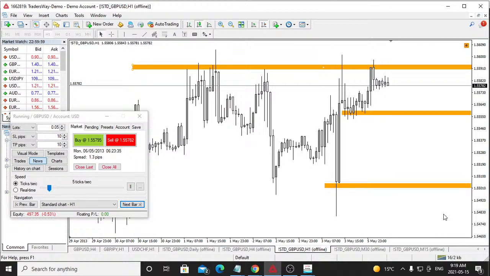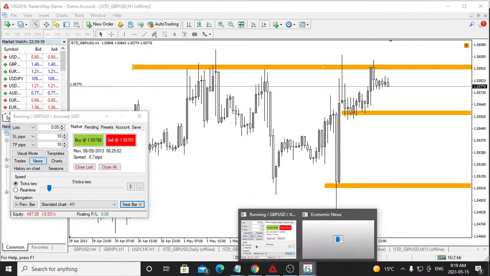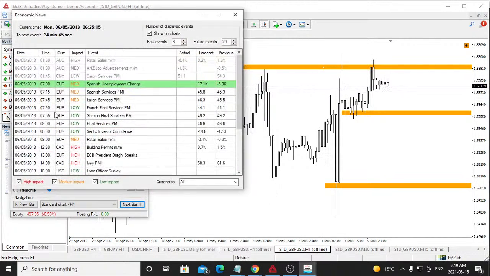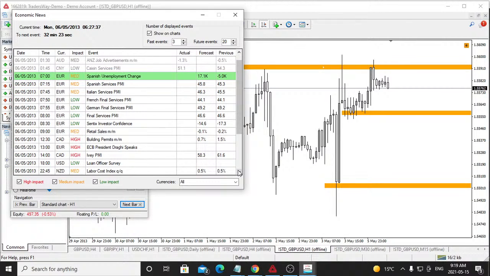If we think about last week as a whole, we got a lot of good news. Let's see if there's any news coming up here. For GBP, for the most part, there's no news whatsoever. I just have to scroll down a little bit more.